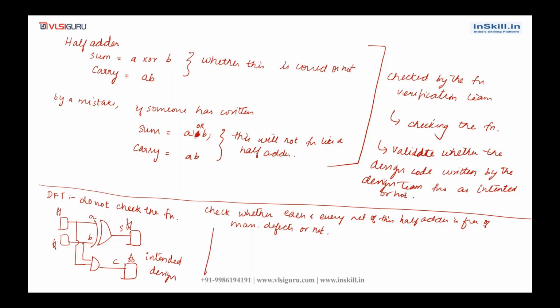So during manufacturing, say for example, something has happened like this. This is A, B, and this is sum, each one coming from a flop. And carry is coming here, and then this is the B input.